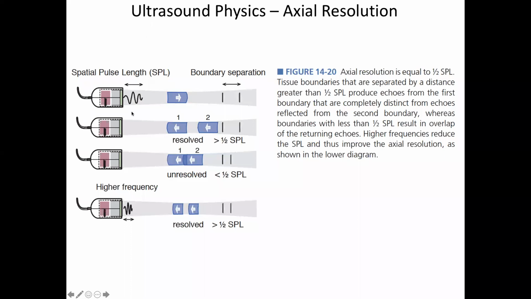That burst then travels through the medium, and if it goes across a boundary in which the acoustic impedance is different, it causes a reflection. And we saw in the last lecture that reflection can come back at sort of 1% of the amplitude of the original transmitted wave.